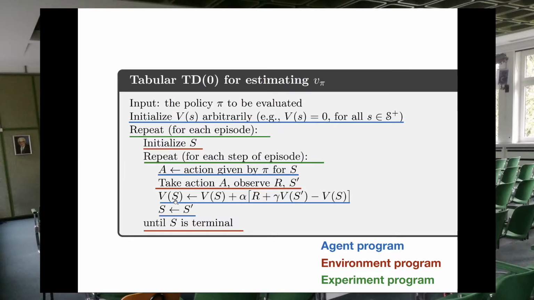So the value of the state where you were before executing the action, the state S, will take the current value of that state plus some alpha, some portion of this expression here, which is the reward plus gamma times the value of the next state, minus the value of the current or previous state S. Once you have updated the value for that state, the current state S is going to be S prime.